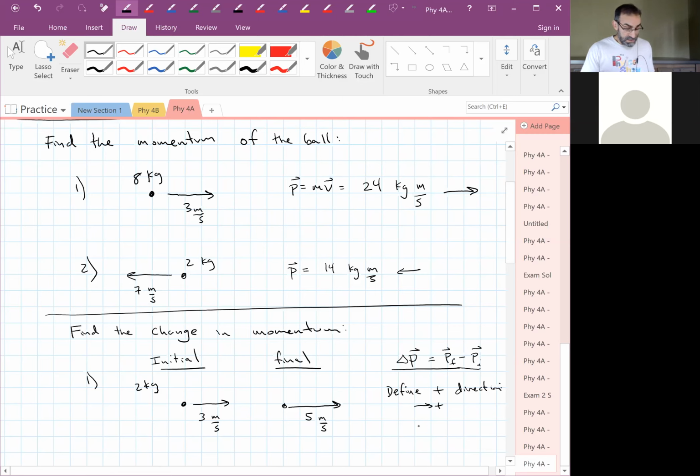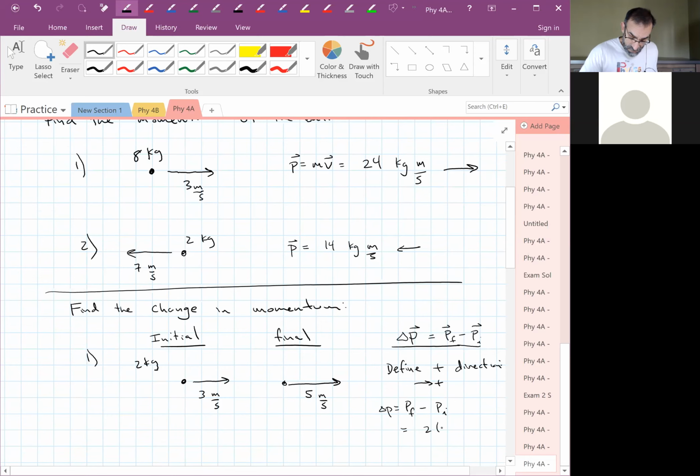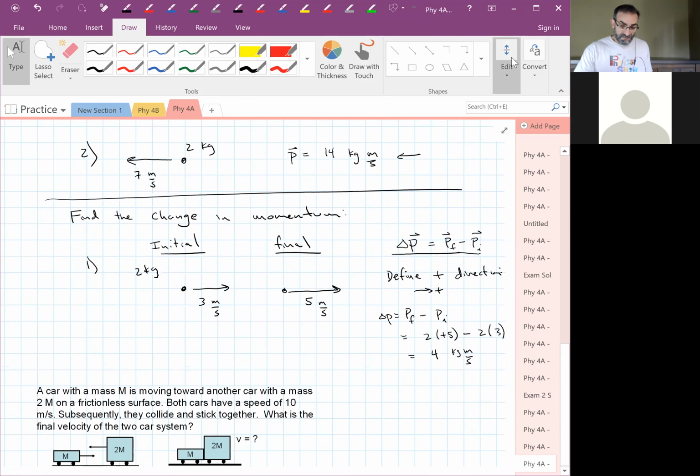Then I can say that P final minus P initial is 2 times 5 minus 2 times 3, which is 4 kilogram meters per second. In the positive direction, it's positive.